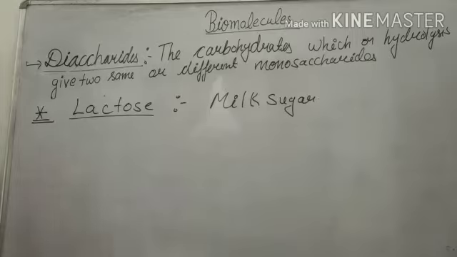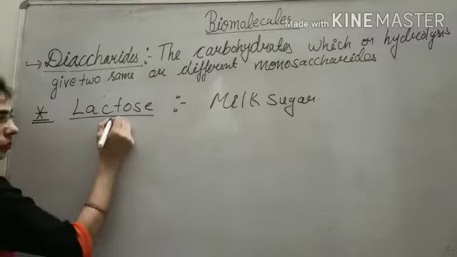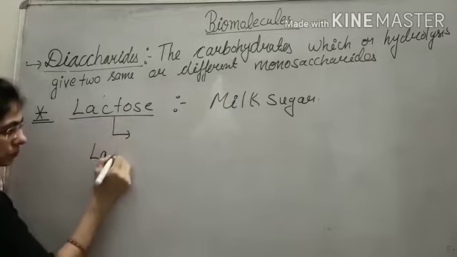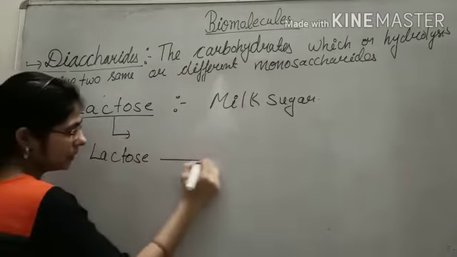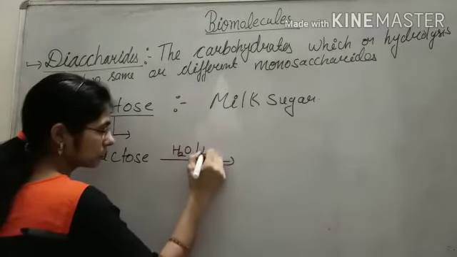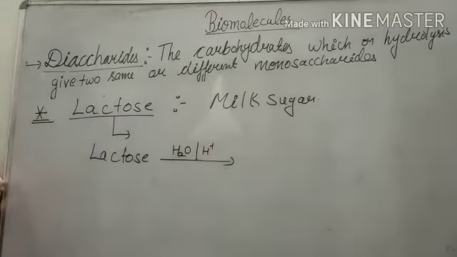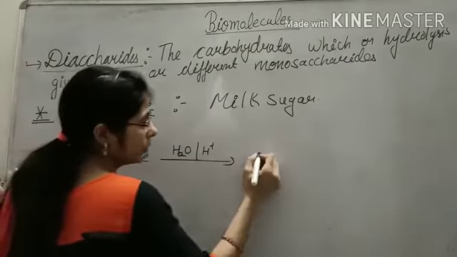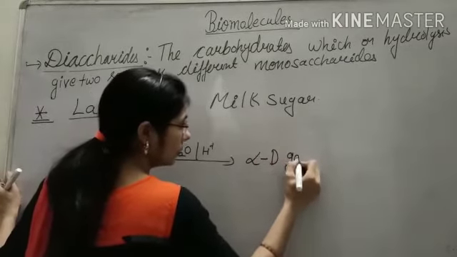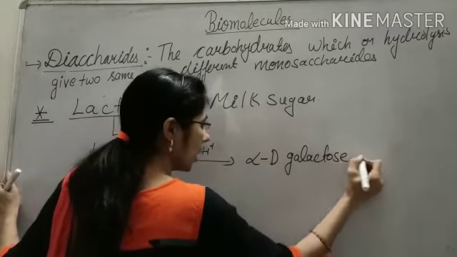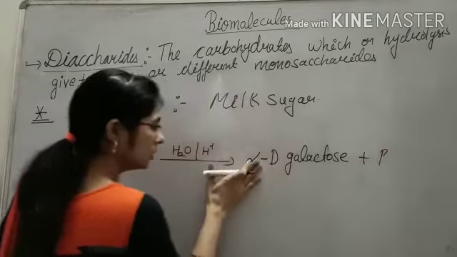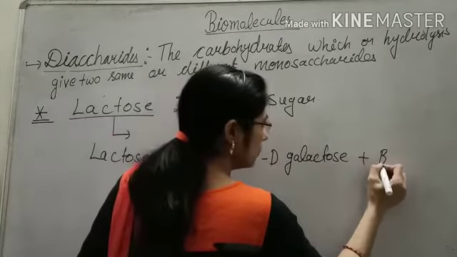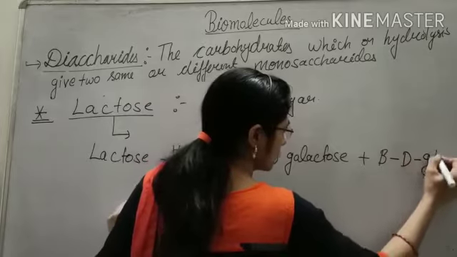Okay? And lactose on hydrolysis in presence of acid gives an equimolar mixture of beta D glucose and beta D galactose. Upon hydrolysis, lactose in acidic medium gives an equimolar mixture of beta D galactose and beta D glucose.